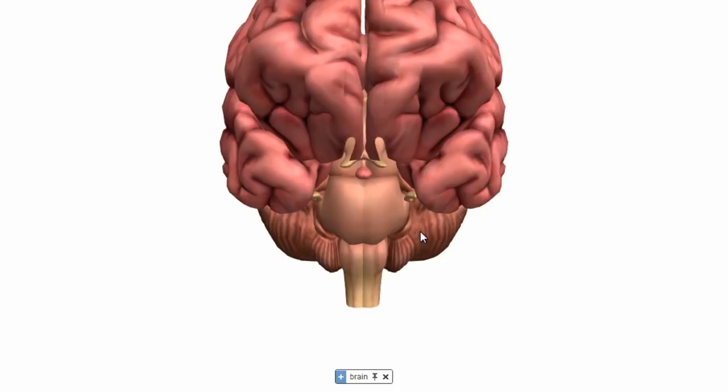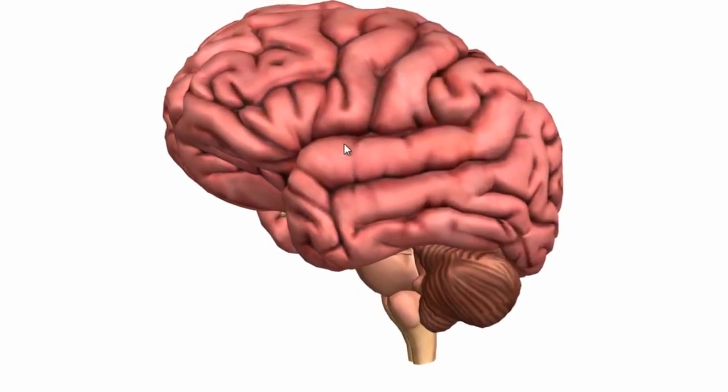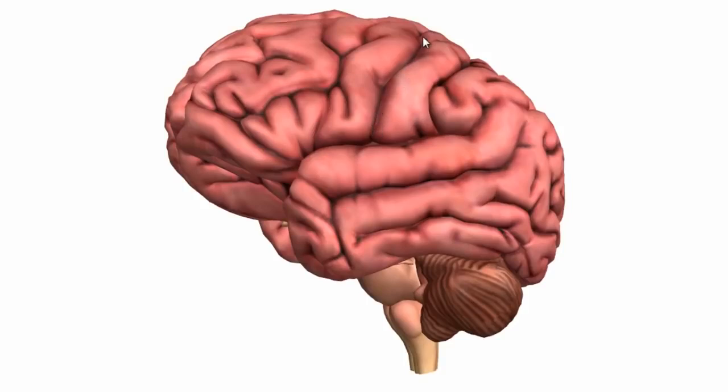Just looking at the outside of this cerebral hemisphere, you can see that there's these grooves, and you've got ridges. The ridges are called gyri, and the grooves are called sulci. And you've got lots of these different grooves and ridges, as you can see, and they all have different names. But 2 important ones to remember are the central sulcus, which I'm showing you here with the arrow, and the lateral sulcus.